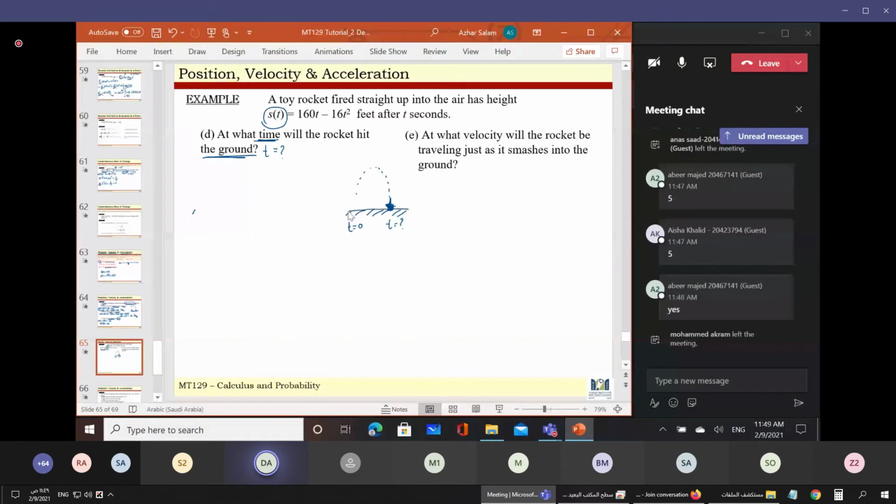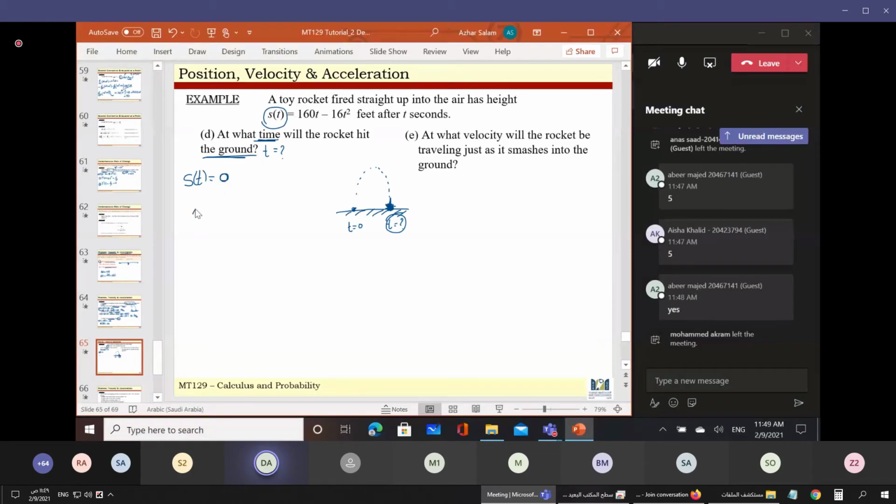I have here the position at t equal to 0, and I have to find another position at what t. So here also the position will be 0. So I take s of t and make it equal to 0.